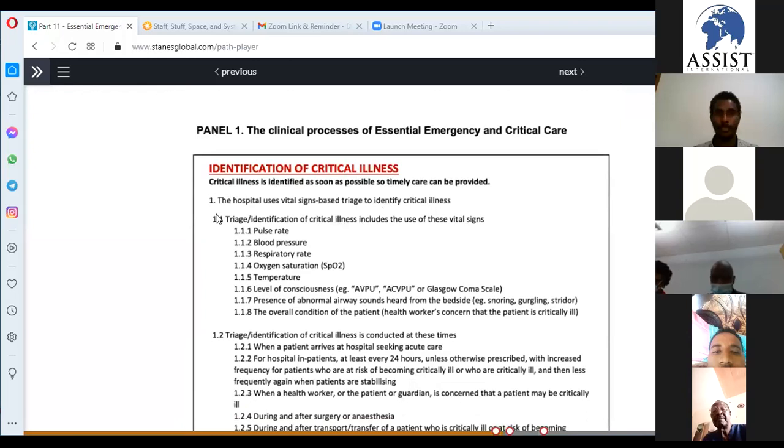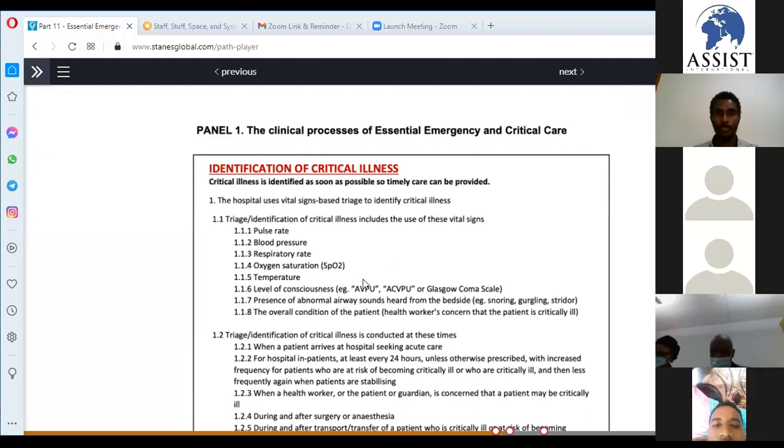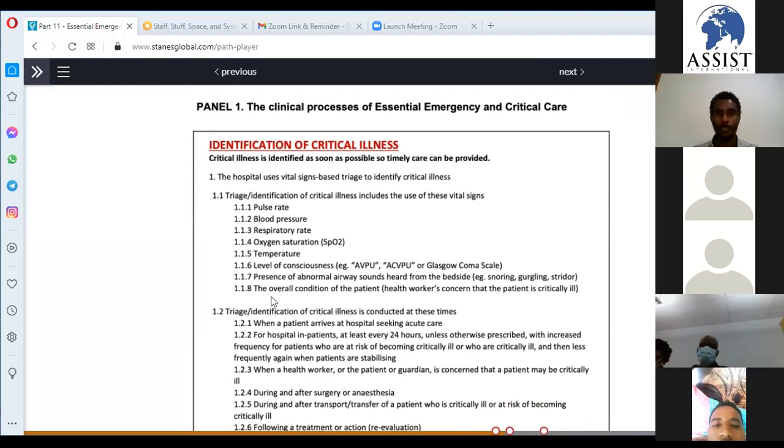Okay, so in triage, you can use the different vital signs, which include pulse, blood pressure, respiratory rate, saturation, temperature, and different other clinical conditions that can easily be identified.